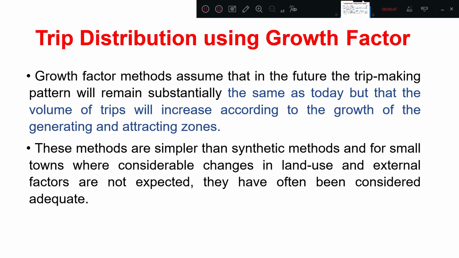Here the trip making pattern remains the same, but the volume of the trips will increase according to the growth of the different zones. That may be with respect to the zones which are attracting the trips, or the zones which are generating the trips. The volume will change, but the pattern of growth remains the same, right?